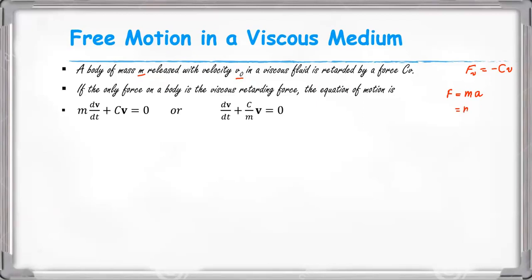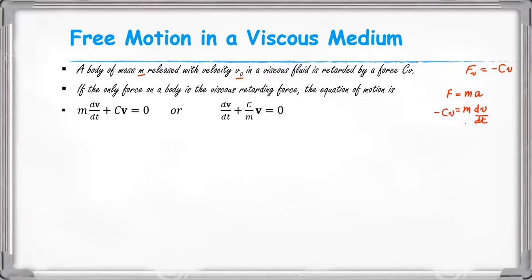Here we represent Newton's law as F is equal to mass into, in the place of acceleration, we write dv divided by dt, isn't it? m into dv by dt is equal to F, that is F is equal to ma. And on the other side, we have to write the effective force. We know that the force is minus Cv.